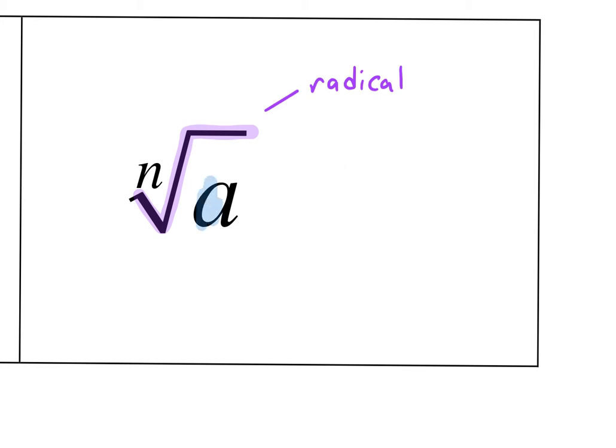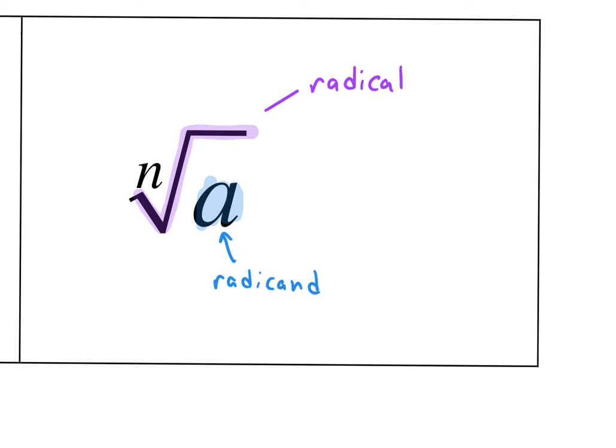Inside is called the radicand. Whatever's inside, even if it's more than one, like it could be a complete parentheses, 2x plus 3, if it's inside the root symbol, we call it the radicand.